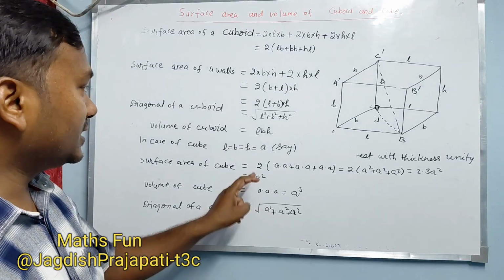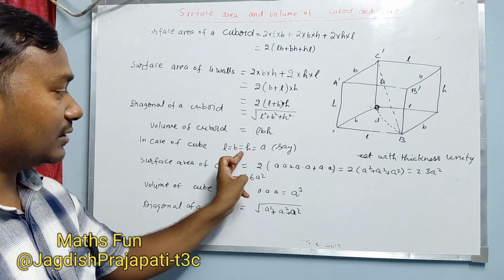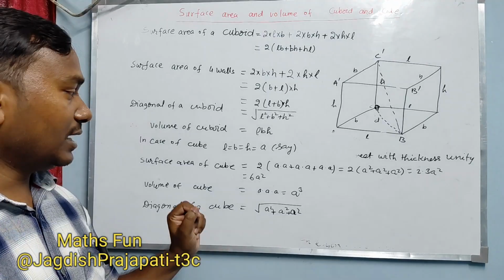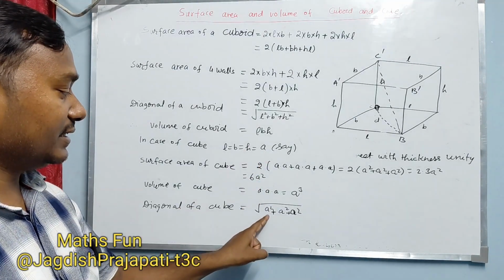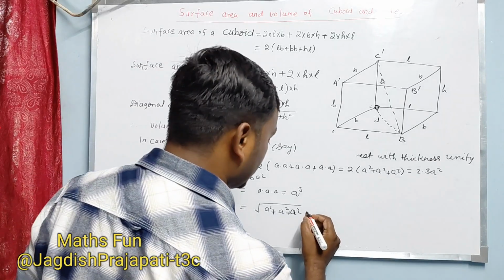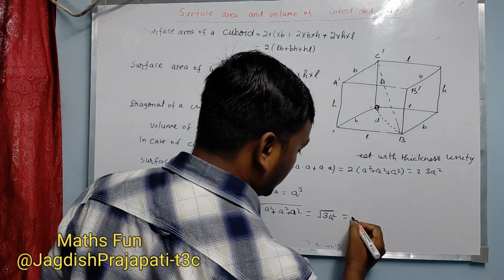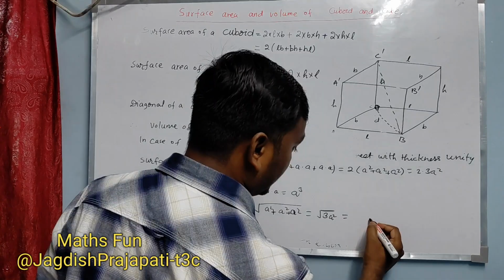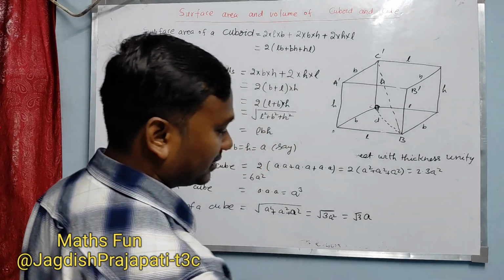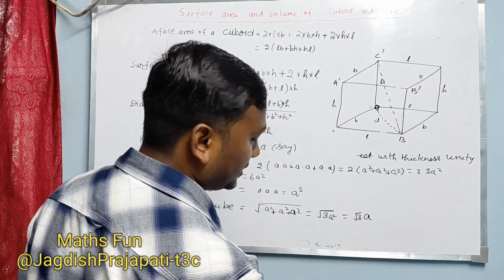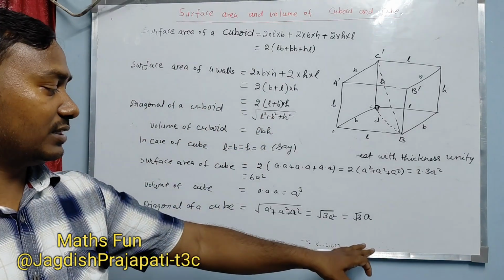Yes, since L, B and H, all three dimensions are equal, and we have assumed that this is A, so we are writing A. So this will be 3A square. So square root of A square will be A, and we can write like this, under root 3 times A. So the diagonal of a cube will be under root 3A.